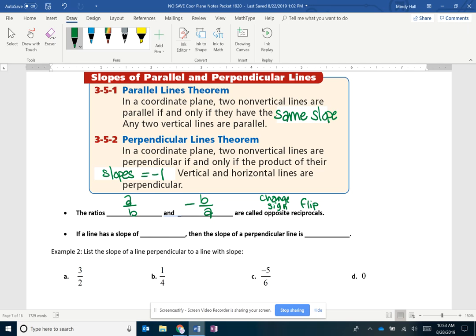So perpendicular lines have slopes that are opposite reciprocals. If a line has a slope of, let's say, 1/3, then the slope of the perpendicular line would be -3/1 or just -3 because we changed the sign and flipped the fraction.